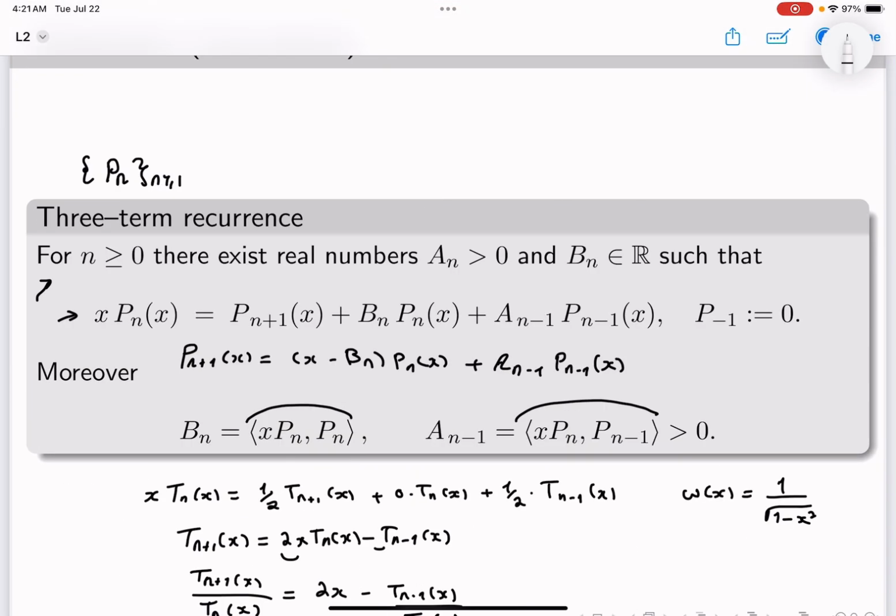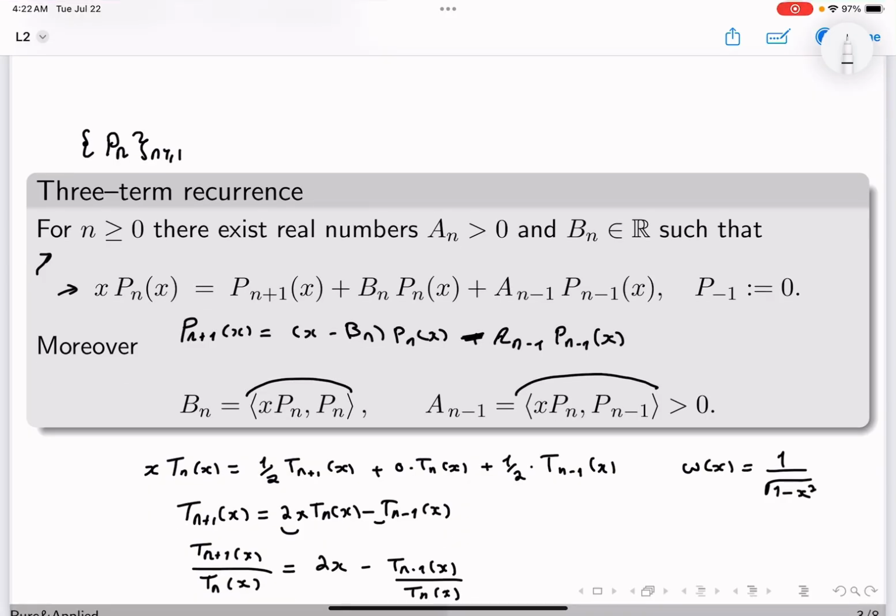So now, let's go ahead and prove that. And I probably have a typo here. Sorry about that. The observation here is the following. What's happening is that I'm going to rewrite it in a slightly different way. I'm going to rewrite this as such: minus pn of x minus an minus 1 pn minus 1 of x.